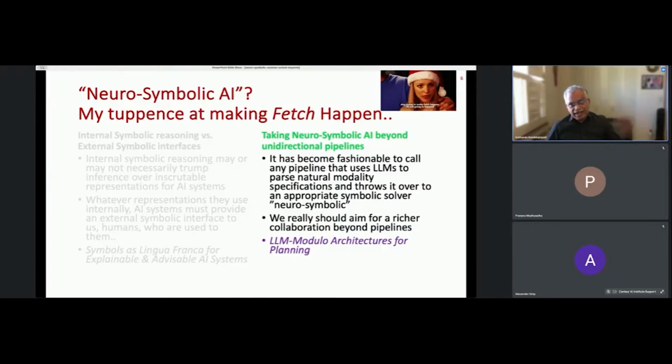Henry was talking about this too earlier, but I would go beyond that and say it's rather depressing to say that the way neuro-symbolic AI would work is to make a unidirectional pipeline, where the LLM takes the problem specification, converts it into SAT or PDDL or something, and throws it over the wall to some symbolic system, which then tries to solve it.